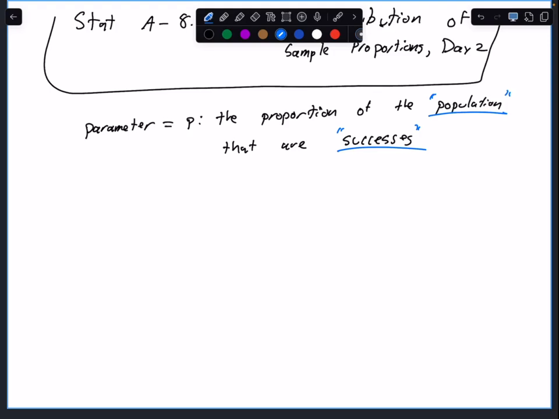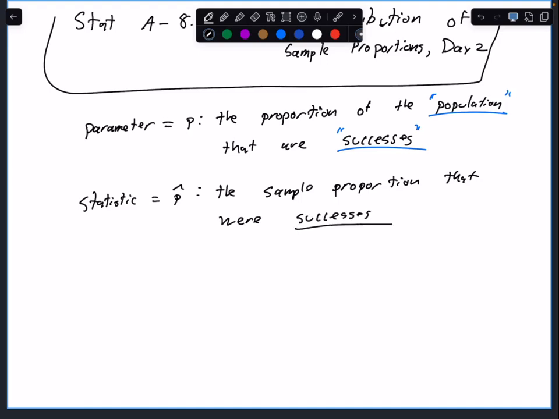And our statistic is p hat, which is the sample proportion that were successes. Once again, how we deem a success varies. So we are trying to figure out what proportion of the population of interest we look like.